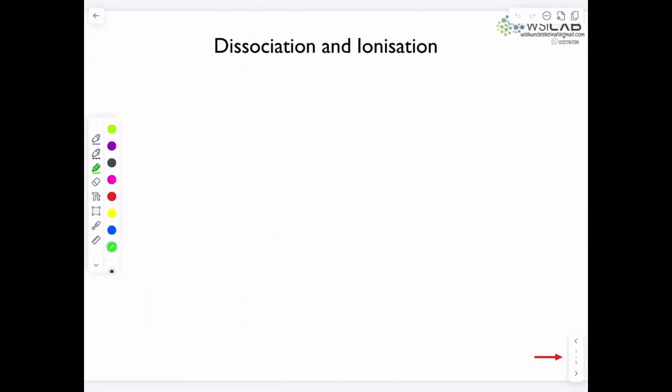Okay, dissociation and ionization. Now, very important, the word dissociation, that's where we actually get the word dissolve. Now, this is a physical reaction. It's not a chemical reaction. I'll explain how this works. While ionization is a chemical reaction.